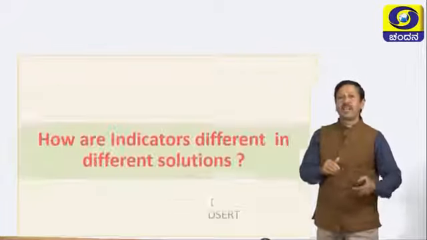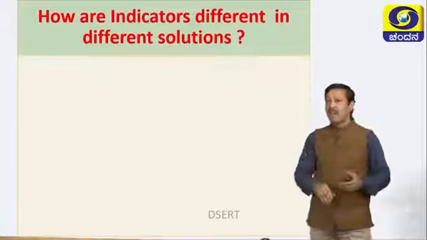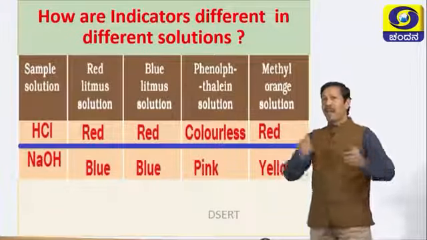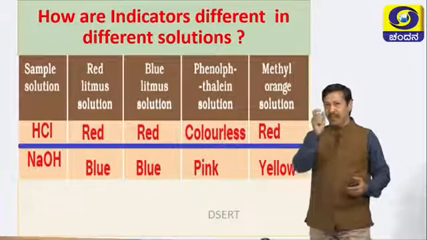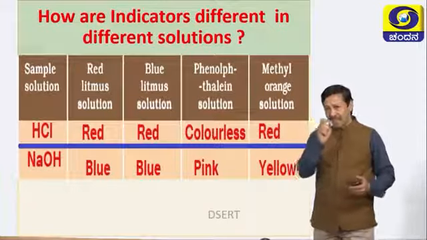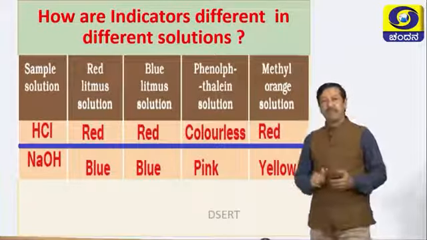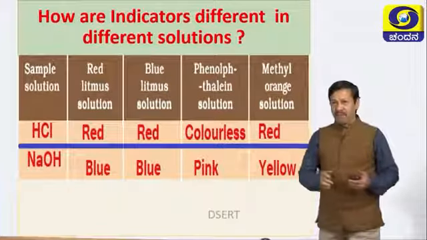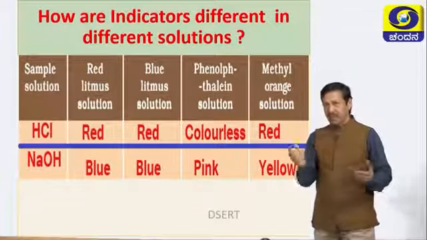Now let us move on to the next slide: how are the indicators different in different solutions. Here is a chart. If you take a sample solution, let us say acid HCl, base NaOH, four kinds of indicators are used. Let us see how they behave.